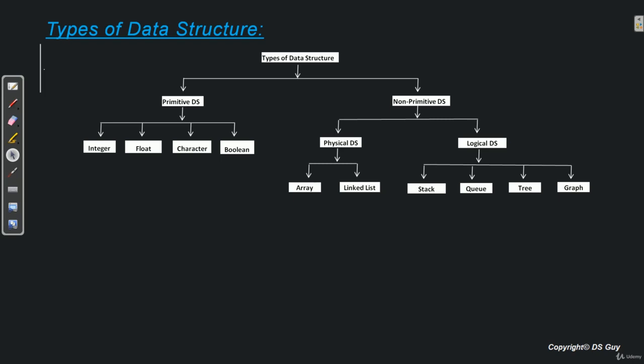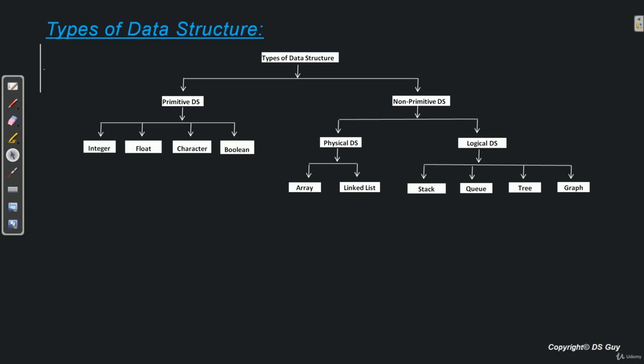Now you might be wondering why do we have so many different types of data structures? So the answer is simple. All these data structures have their own properties, which is very unique in most of the cases. So depending on the problem that we encounter, we have to make the best choice of which data structure we want at that point of time.